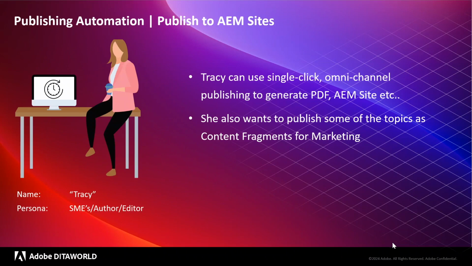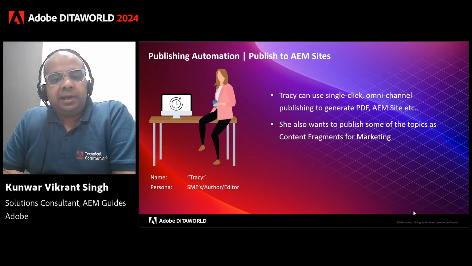In the demonstration, I have considered two different personas. One of them is Tracy, who is an author. She has already created a map, and we are going to see how Tracy is going to utilize a single-click omnichannel publishing to generate different kinds of output, whether they are PDF or maybe directly to AEM sites.